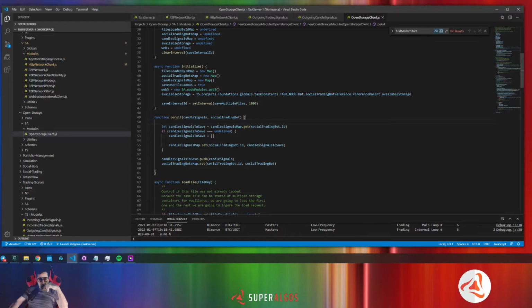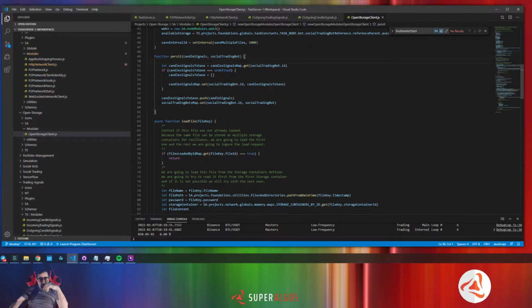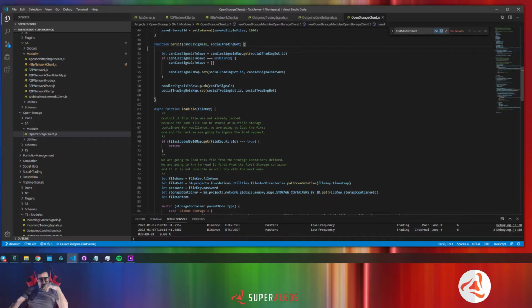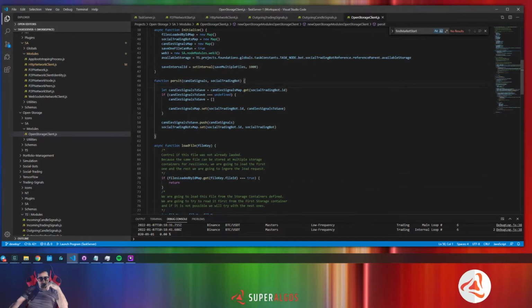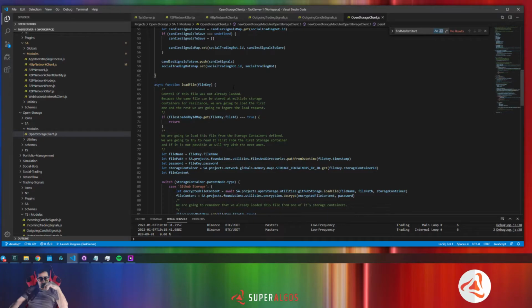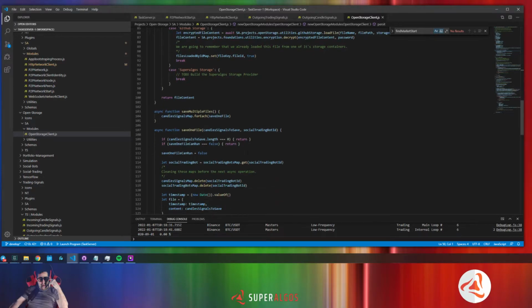So they are pushed into here, and at some point in time this is executed and this is executed.